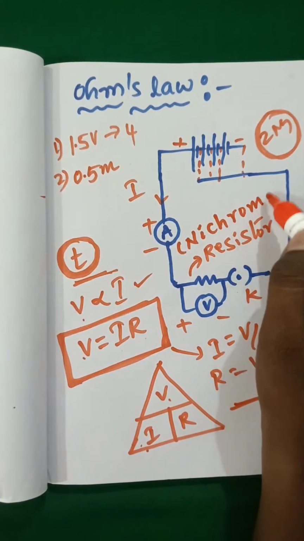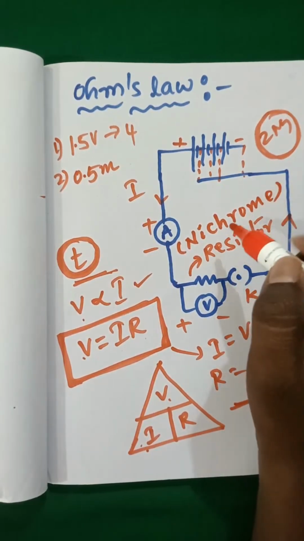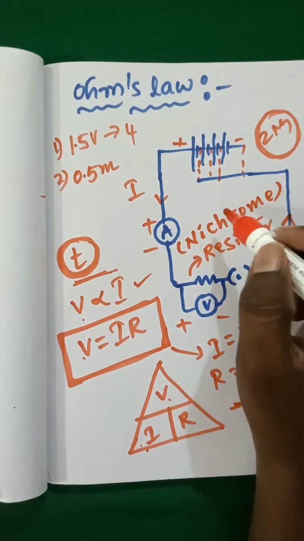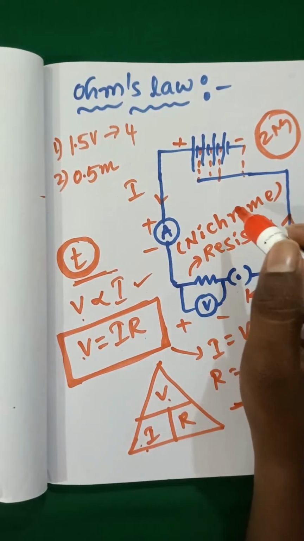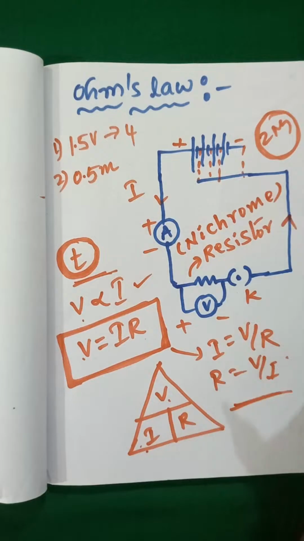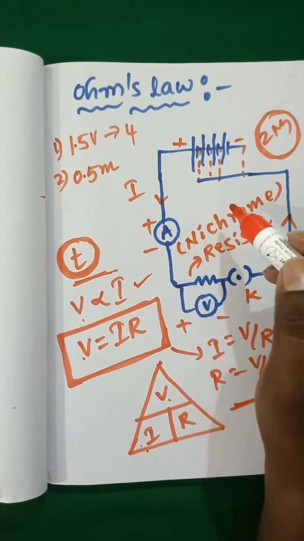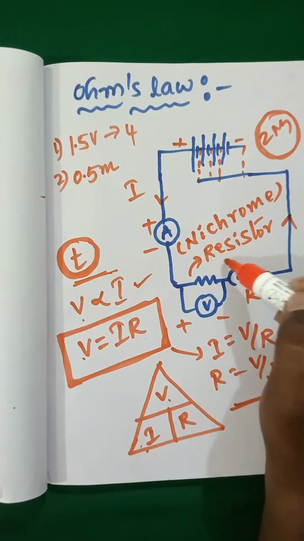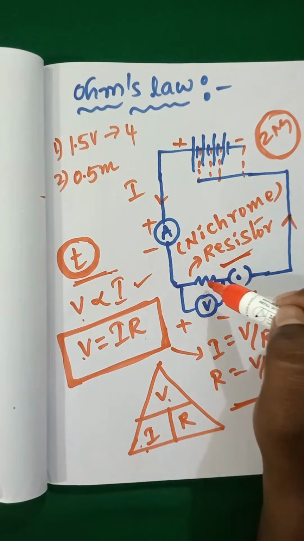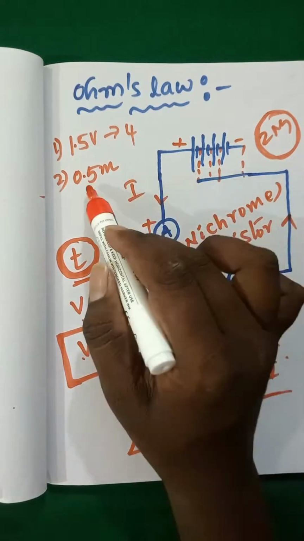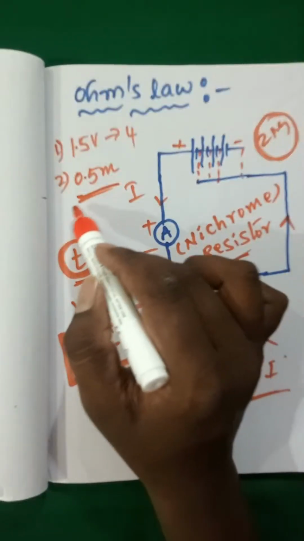Nichrome wire is a combination of nickel, chromium, manganese and iron metals. So it acts as a resistor here, with 0.5 meter length.